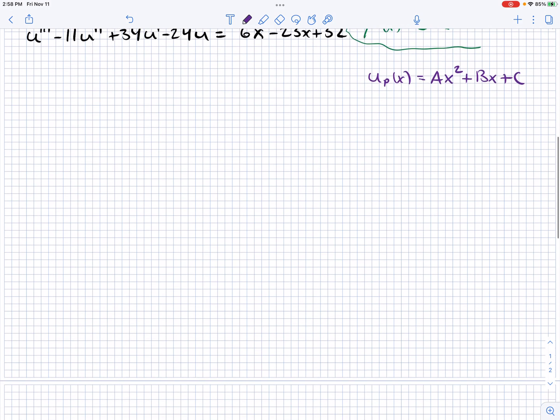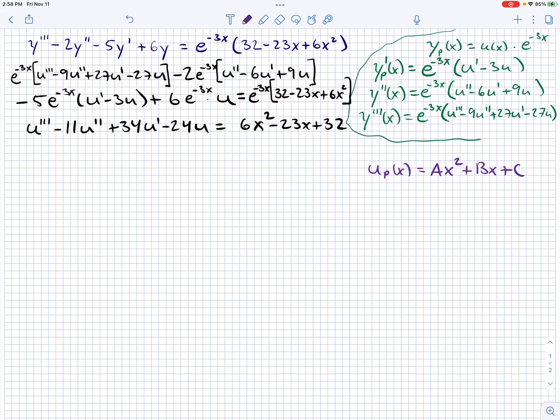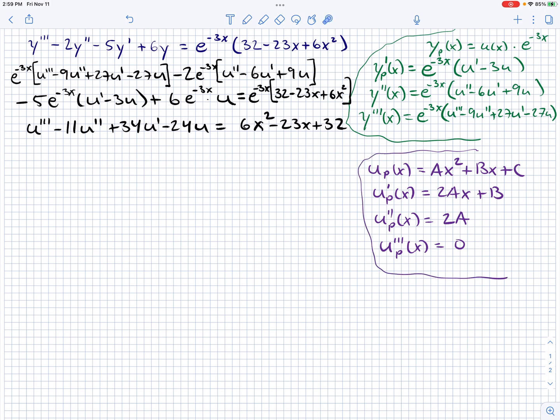And then we take the derivative. u prime of x is going to just be 2ax plus b, and then u double prime is going to be 2a, and u triple prime is just going to be 0, since 2a is a constant. So that works out nice, and we just need to now plug our result into here, our differential equation here.